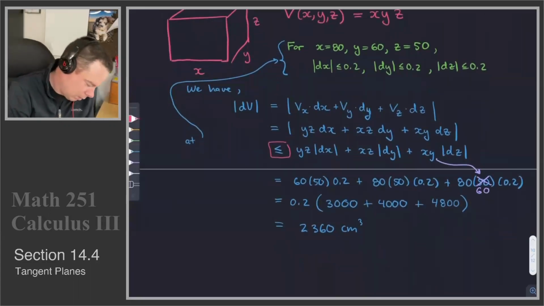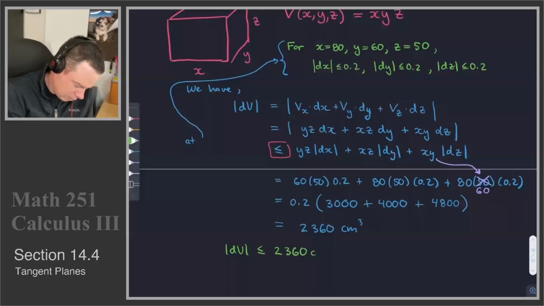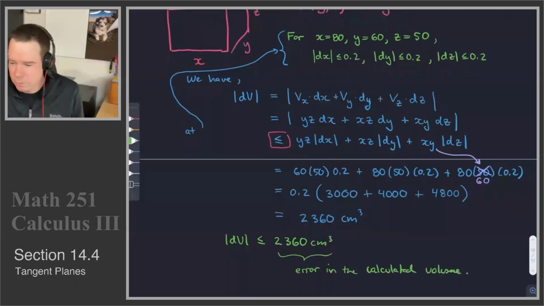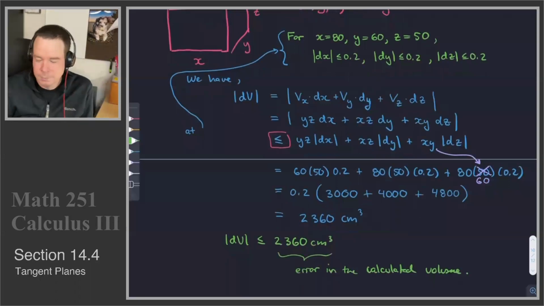So when I read this off at the end, we've got that dV is less than or equal to 2,360 cubic centimeters. And so that is our error in the calculated volume. We could be off by as much as 2,300 cubic centimeters.